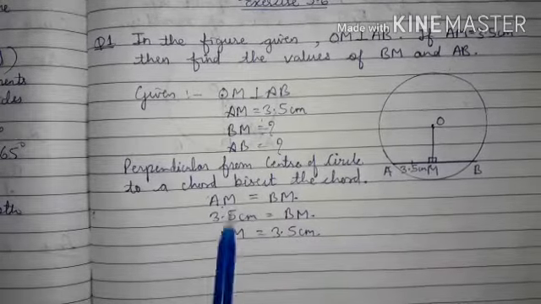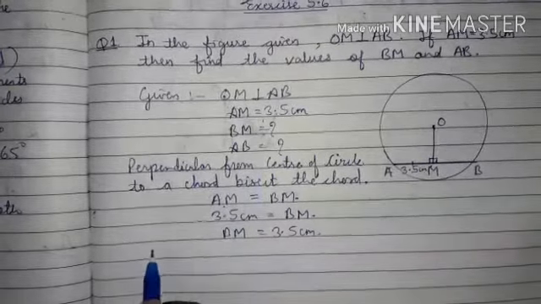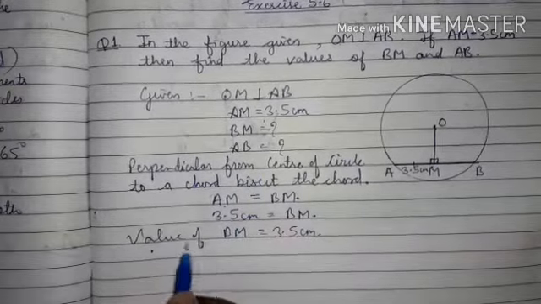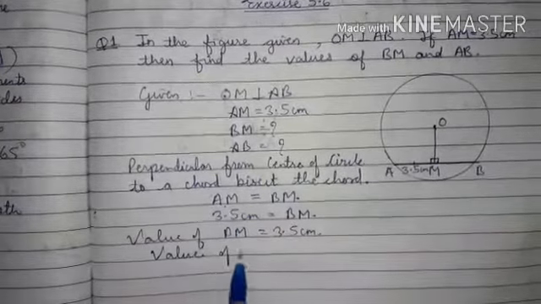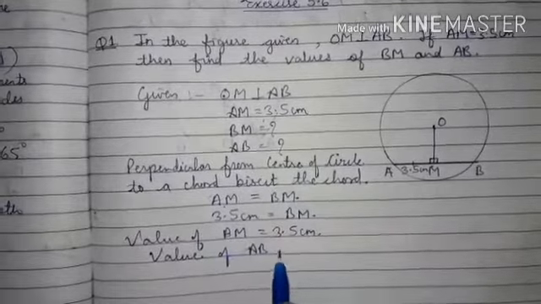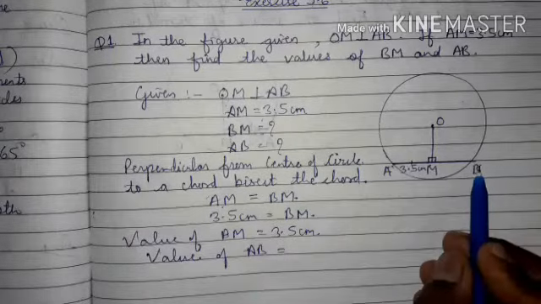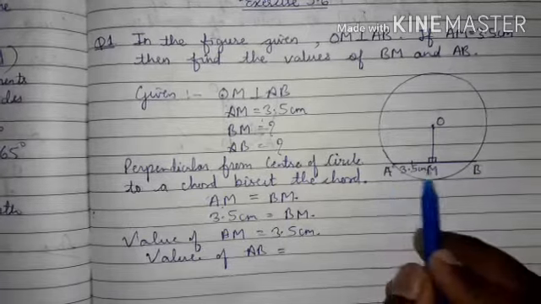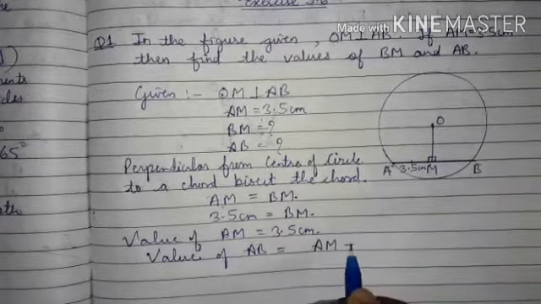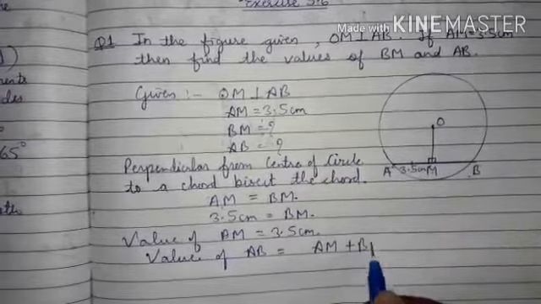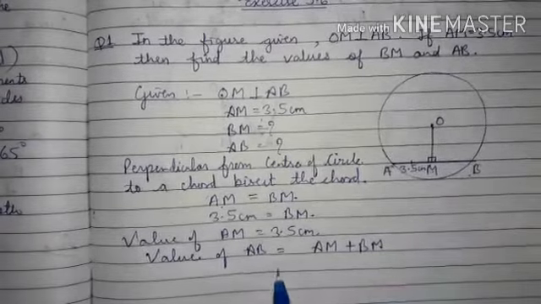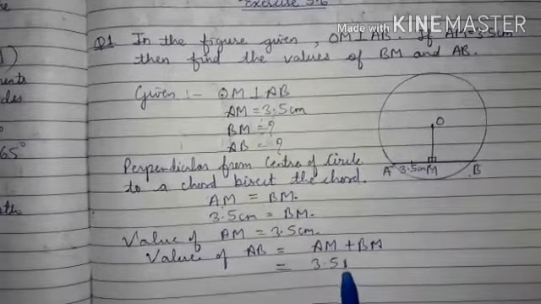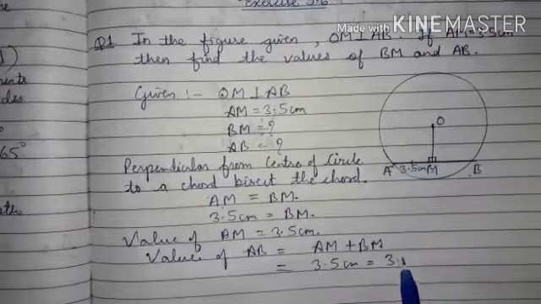Now we have to find the value of AB. So the value of AB is equal to... how is AB formed? First we take AM, then we take BM, then AB is formed. So AM is 3.5 cm and BM is also 3.5 cm.